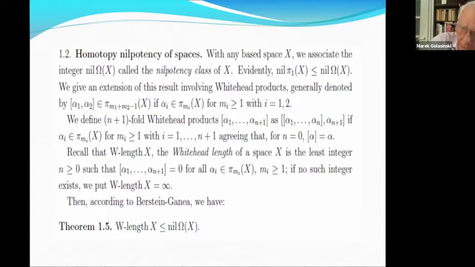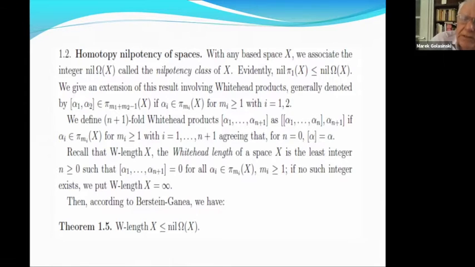From this it follows that if you have a space which is connected and whose first homology vanishes, it means that the abelianization of pi_1 vanishes. So that is the case if pi_1 is a perfect group.